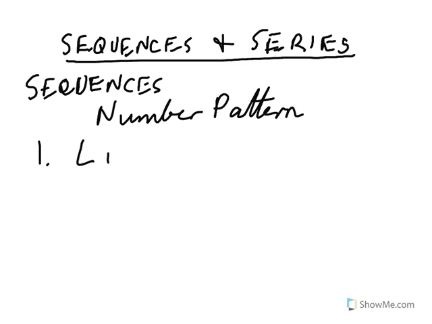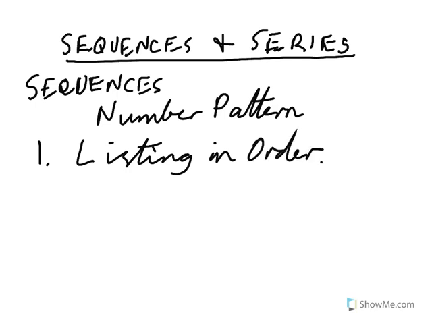The first way we can describe is by listing in order. So a sequence may be something as simple as 3, 5, 7, 9, etc. It's a fairly simple sequence.